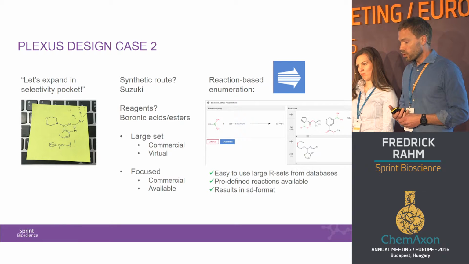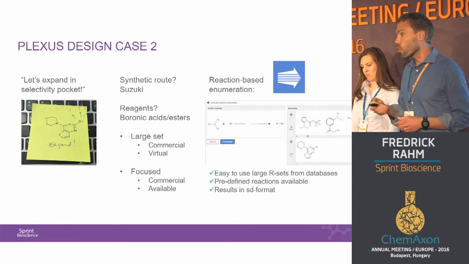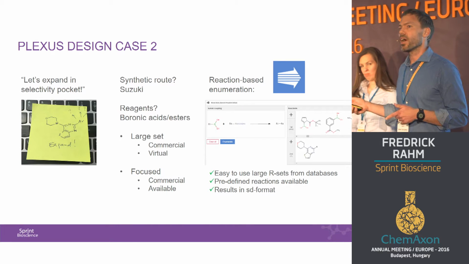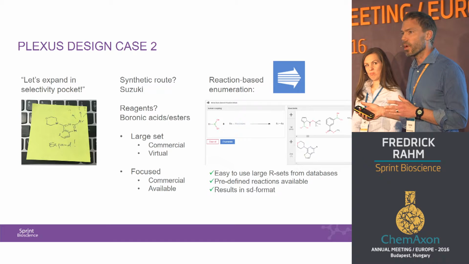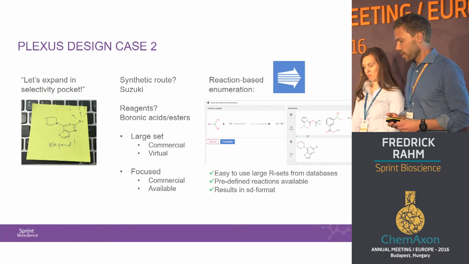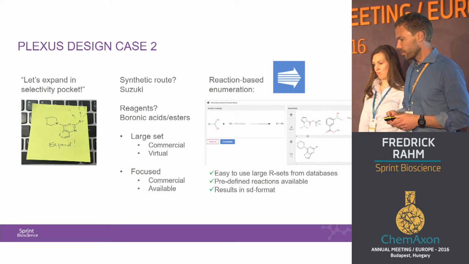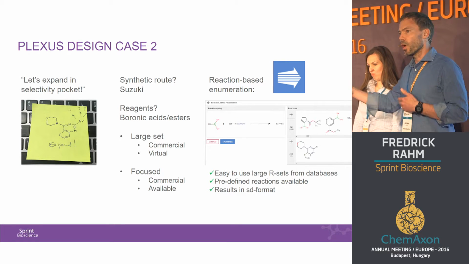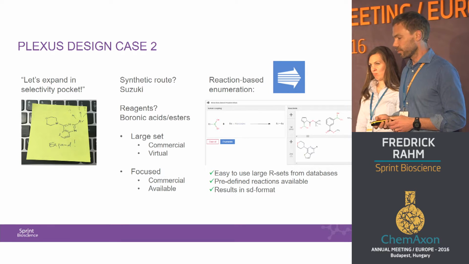Once again, easy to use, both for large R sets from the database, or you can even draw the ones that I know that I have, these 5. These are my favorite boronic acids. I know them by heart. I just draw them very quickly. And once again, the result is in an SD format, which makes the follow-up evaluation so much easier.